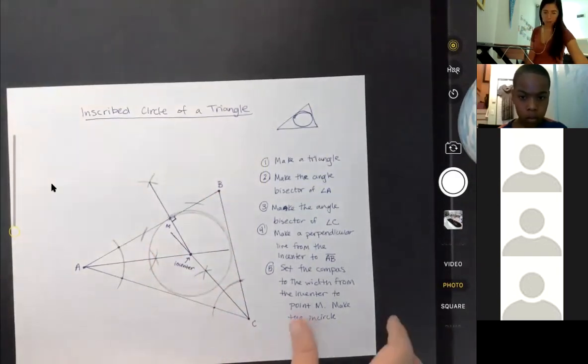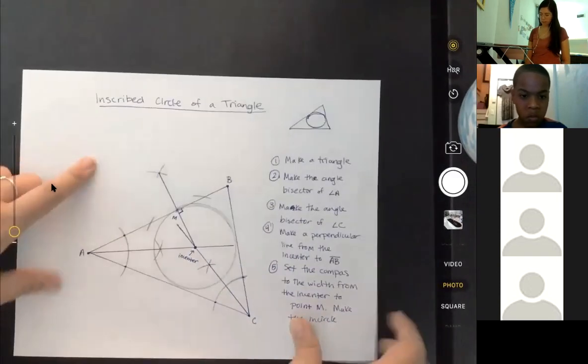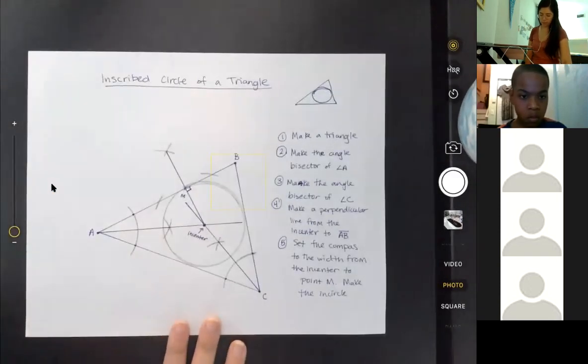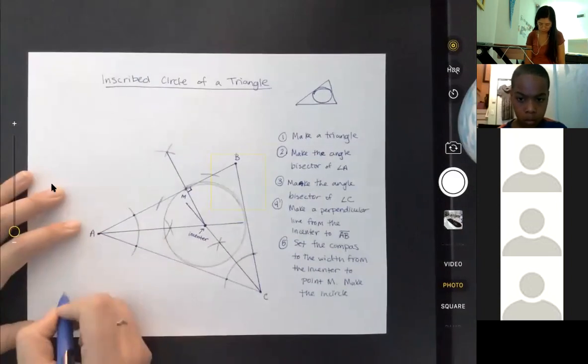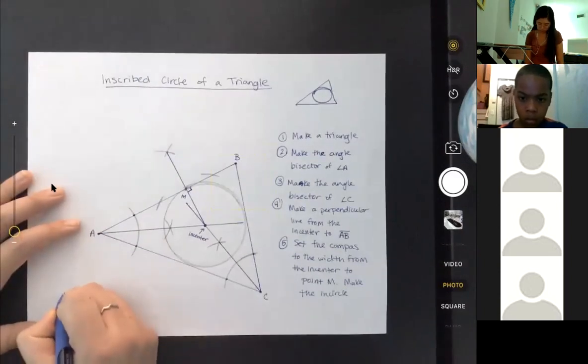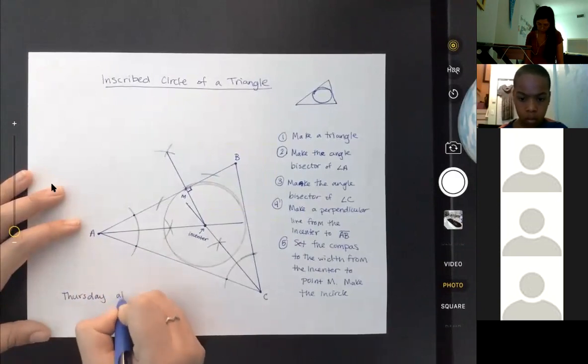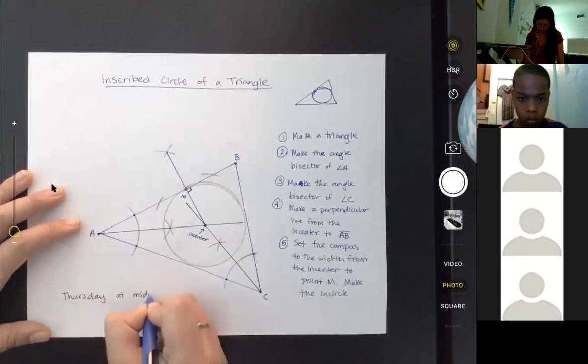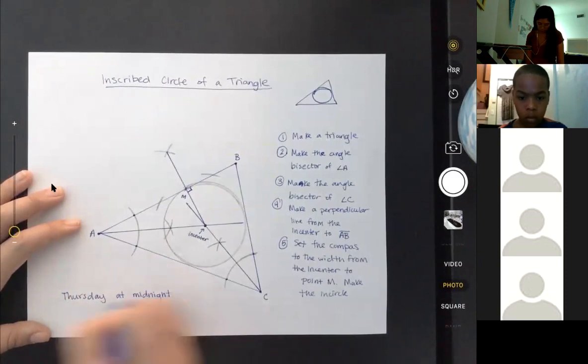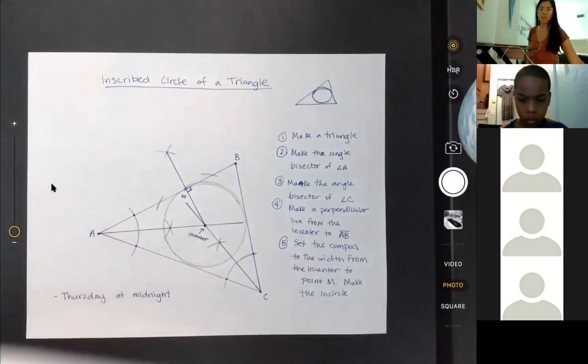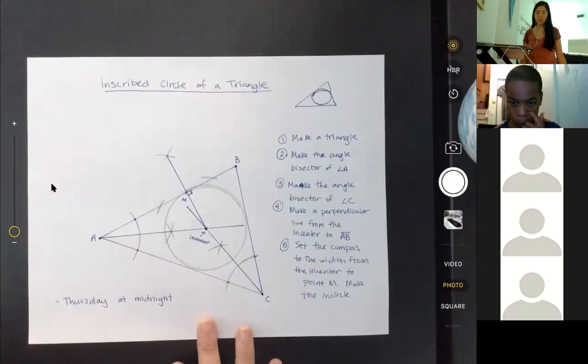So for homework, you're going to make an inscribed circle, and this one's going to be due on Thursday, tomorrow at midnight. Okay, I need to take a screenshot real quick. So inscribed circle by tomorrow at midnight.